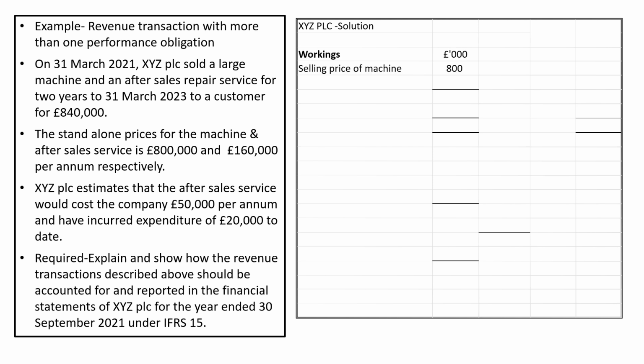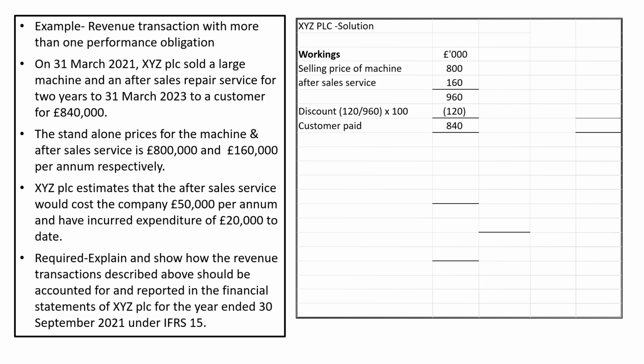So you've got the standalone price of the machine, which is 800. The after-sales standalone price is 160. Together we have 960, and the actual customer sales price is 840, which suggests that there is a discount of 120.